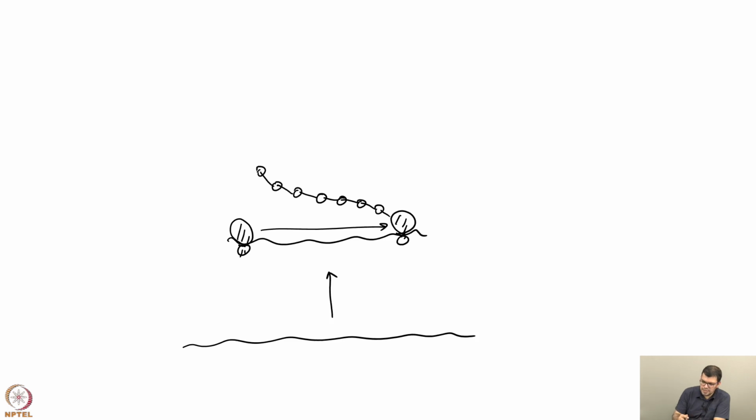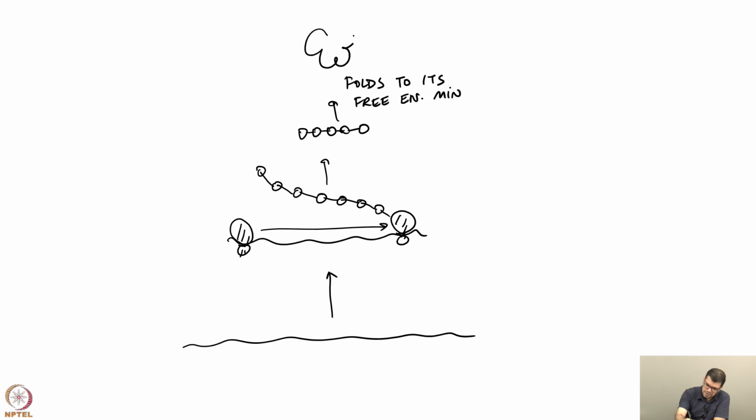Let us say this translation process was really fast. So, you have this peptide chain synthesized quickly, and this peptide chain is released, and this folds into its free energy minimum, and this gives me the protein structure.